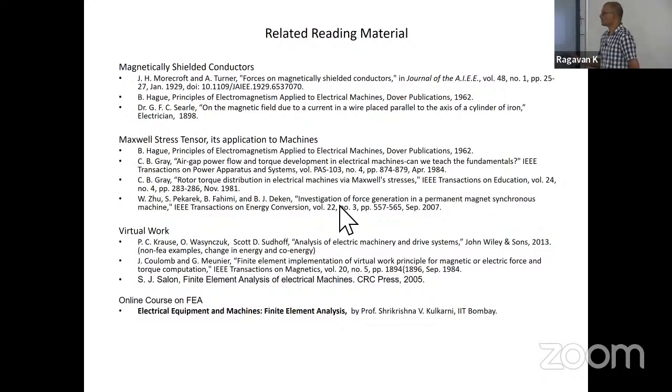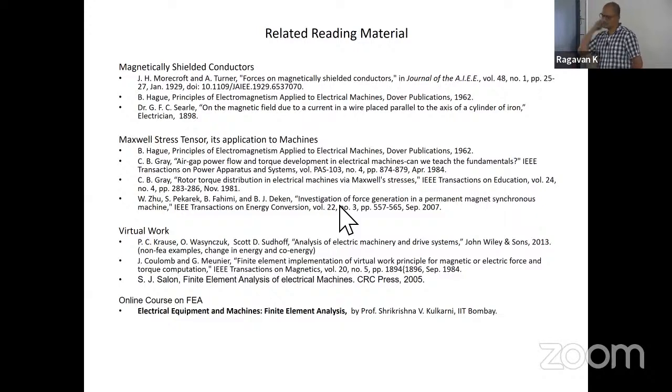Virtual work, you might not know by this name, but you might have known it as the energy or co-energy based method. It's the same method, but when it is used in finite element analysis, it's called the virtual work method. Some examples you can find in this famous book by Paul Cross. If you want to read about FEA based implementation of virtual work, you can read the second reference.